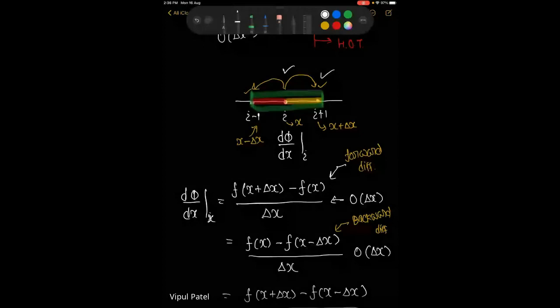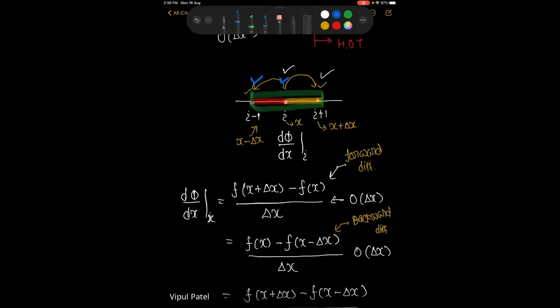Similarly, for the backward approximation I am taking these two nodes, so this is also a one-sided approach. But in the central difference approximation, I am taking this node and this node, so these two nodes are on both sides of node i. So this is called a two-sided approach.